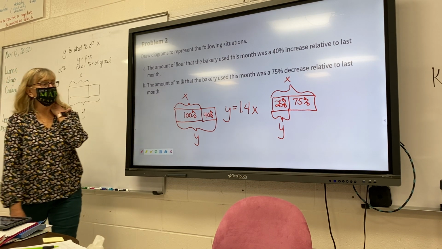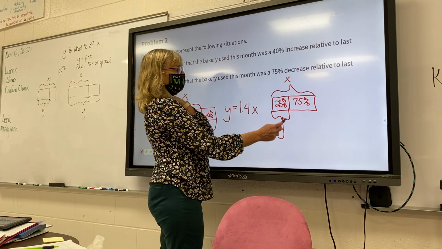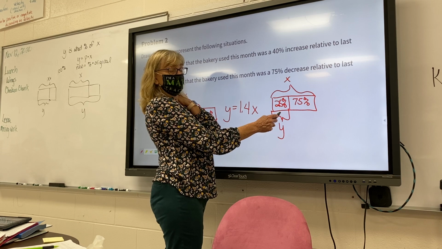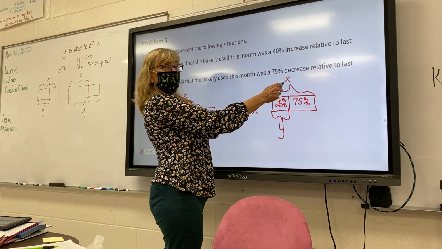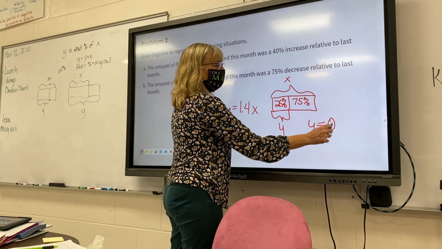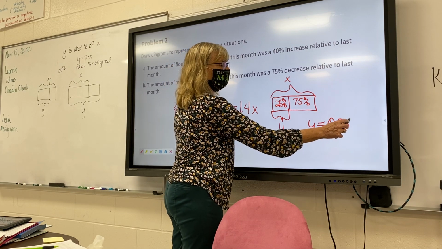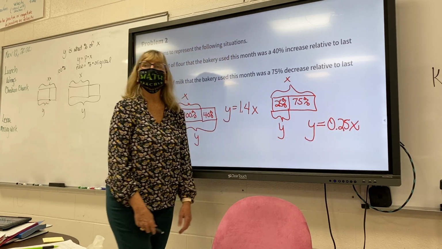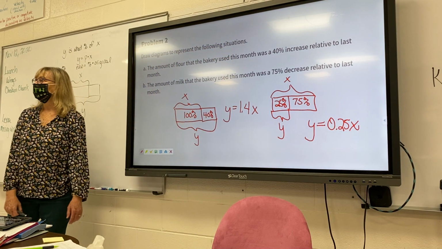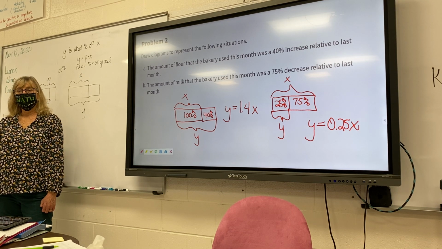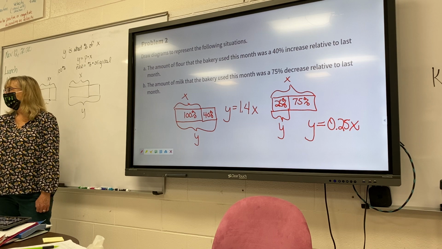So what would the equation be? Y is what percent? 25% of X. Y is 25%, we write it as a decimal, of means to multiply by X. That would be the equation if they asked us for it, which they didn't, but that's okay.